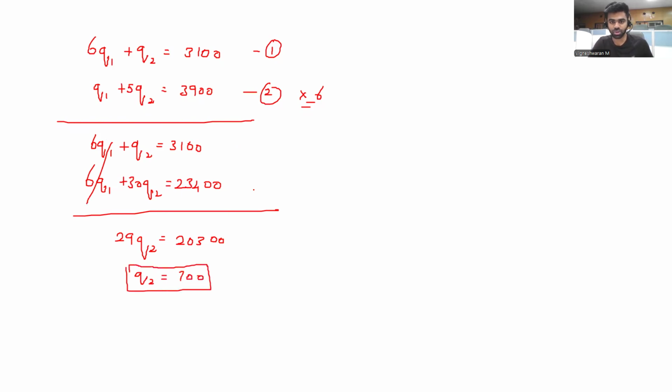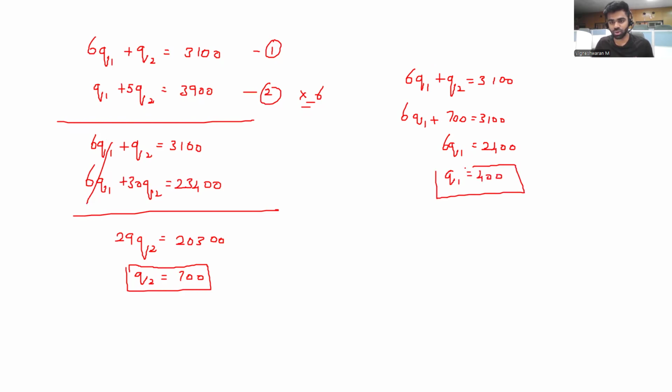Okay, now substitute Q2 in any equation. 6Q1 plus Q2 is equal to 3100. 6Q1 plus 700 is equal to 3100. 6Q1 is equal to 2400. So Q1 is equal to 400. Okay. So now we got the quantity that is sold in market A and market B.